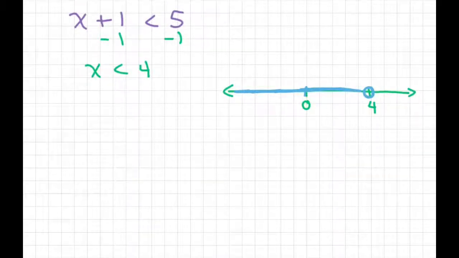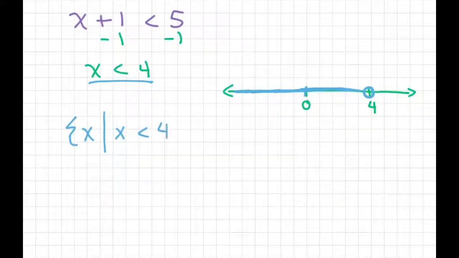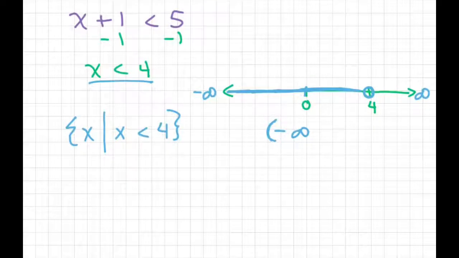And so your set notation looks almost like that. You just put x such that x is less than 4. Interval notation, you're just looking at this. This is negative infinity, and this is infinity. So interval notation is we're going from negative infinity and use open interval, this would be closed, but we're using open, comma, and we go to 4.